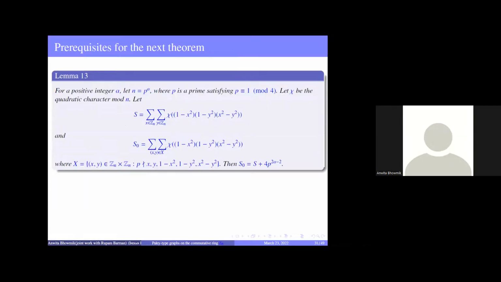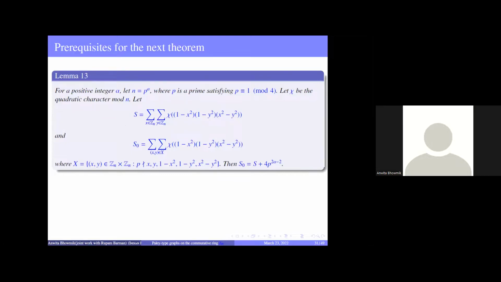The next lemma says that there are two double character sums. The first is capital X. This sum has indices x and y ranging over Zn, and S0 is a sum which has a lesser number of terms. Here the coordinate pairs x, y are in capital X. So what is capital X?